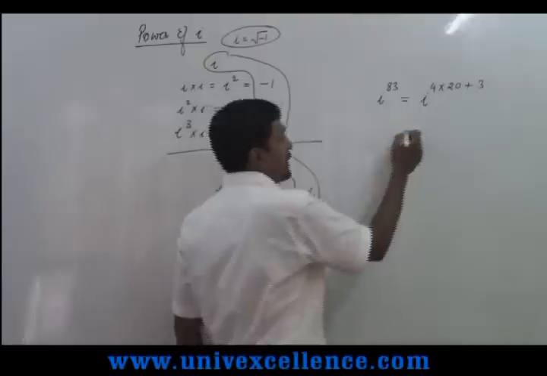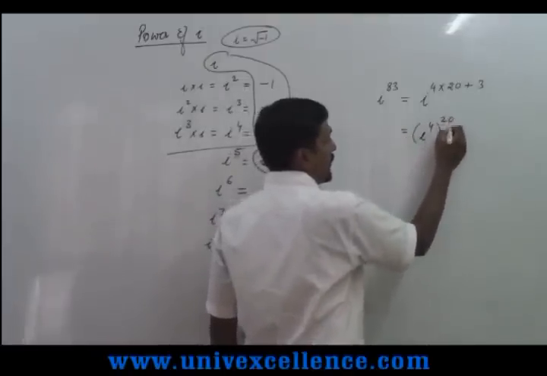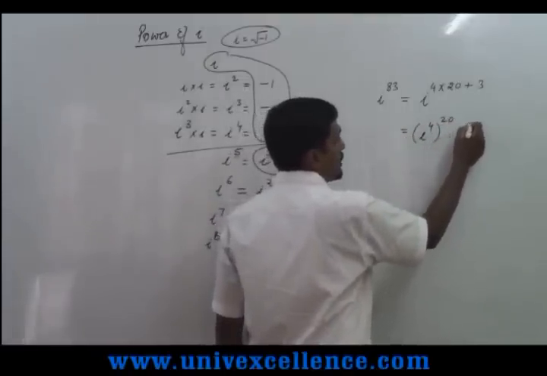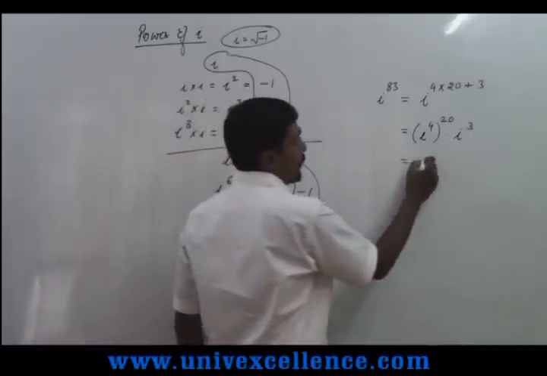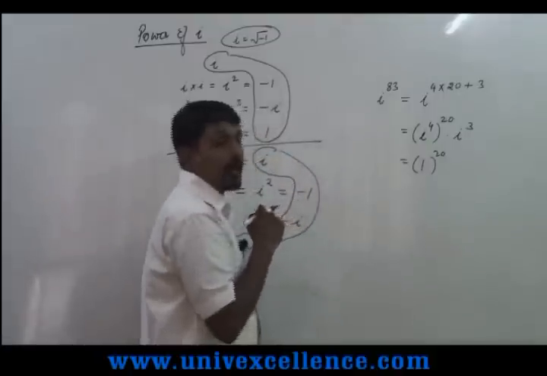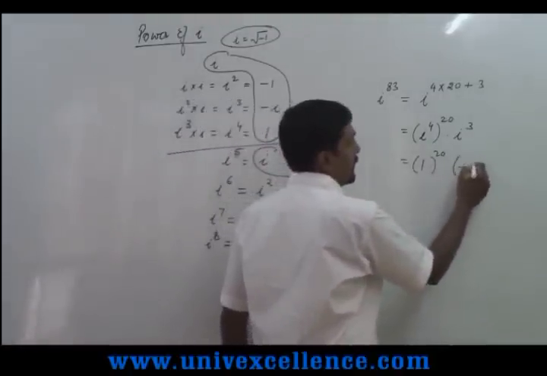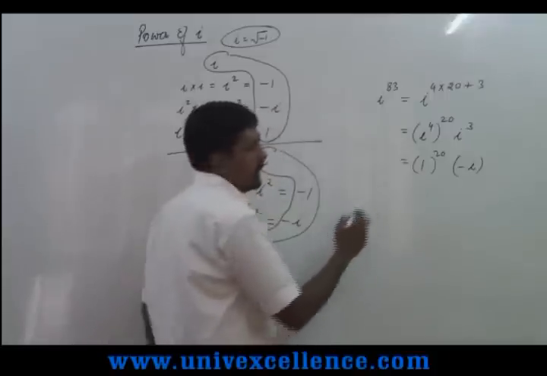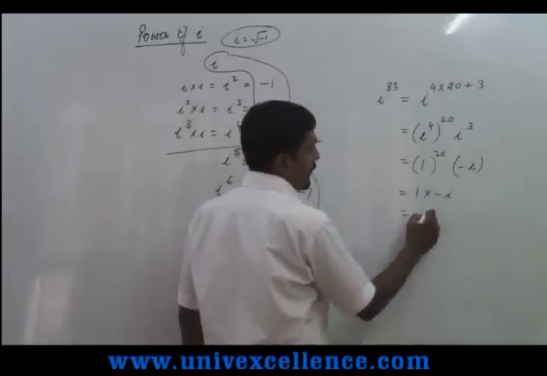We can write this as iota to the power 4, whole to the power 20, into iota cube. Iota to the power 4 is 1, so 1 to the power 20, and iota cube is minus iota. So 1 into minus iota, the result is minus iota.